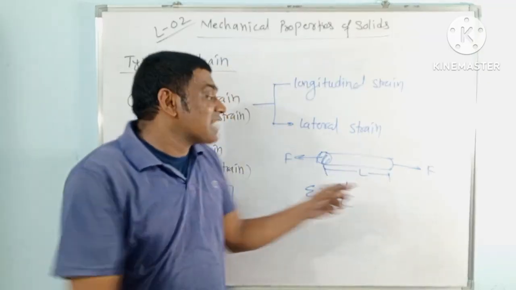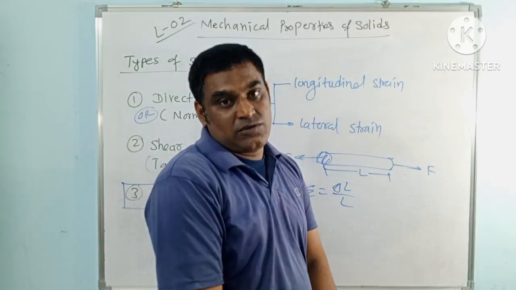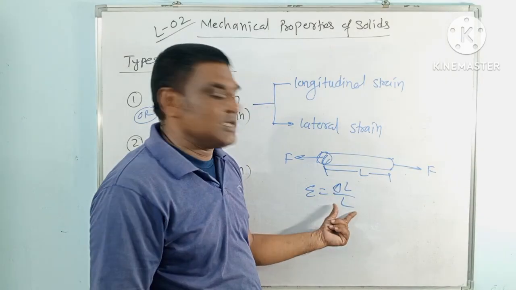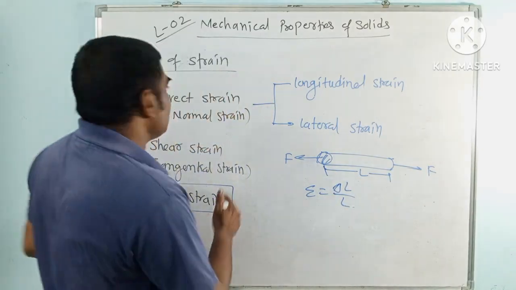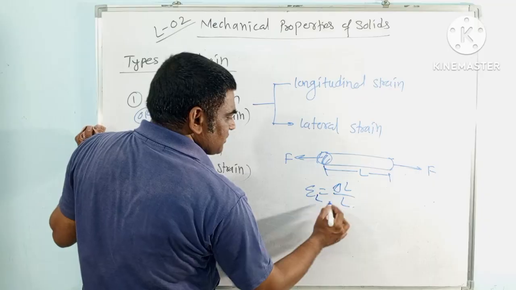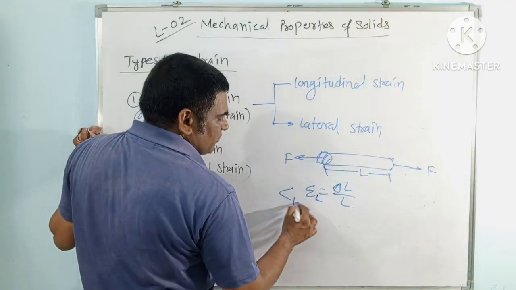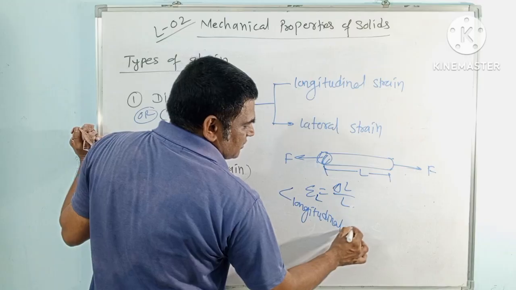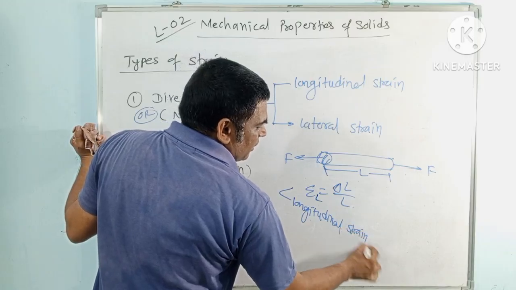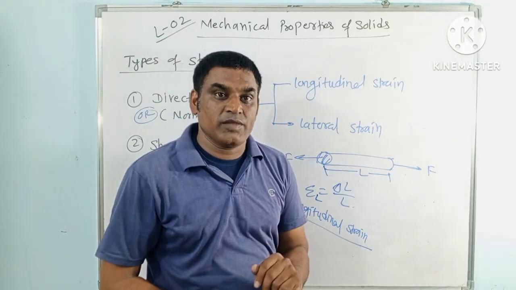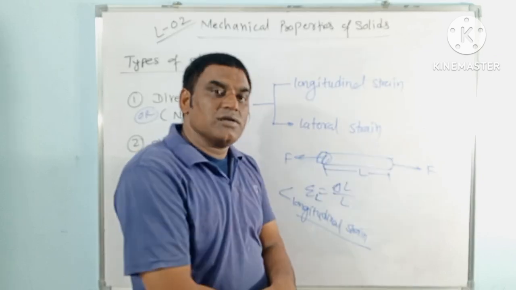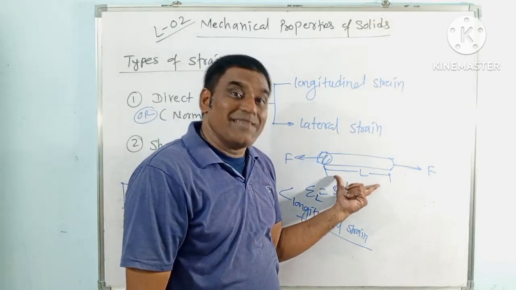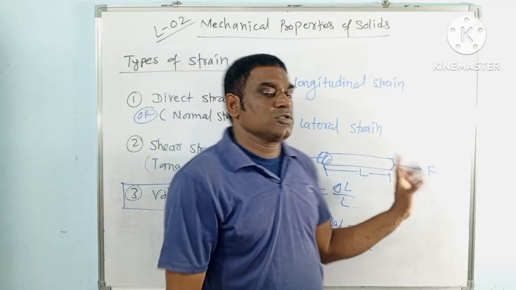Then change in that dimension divided by original dimension will be called longitudinal strain. Remember, which is the longitudinal? Length, we have to consider that dimension which is along the force.